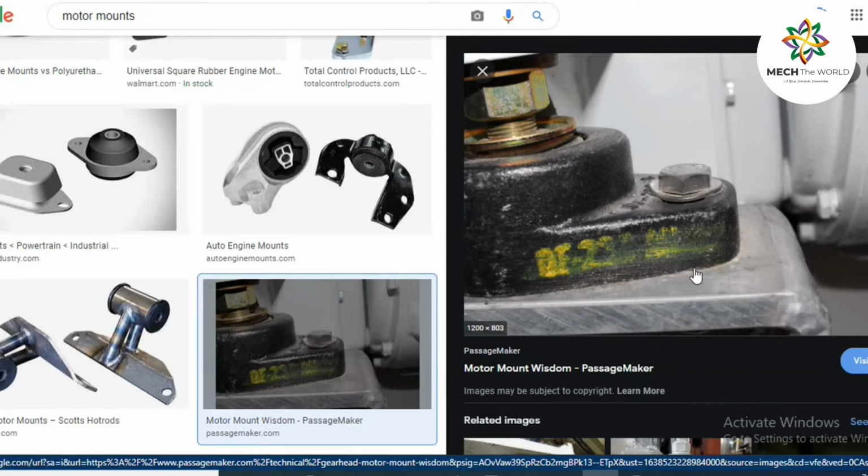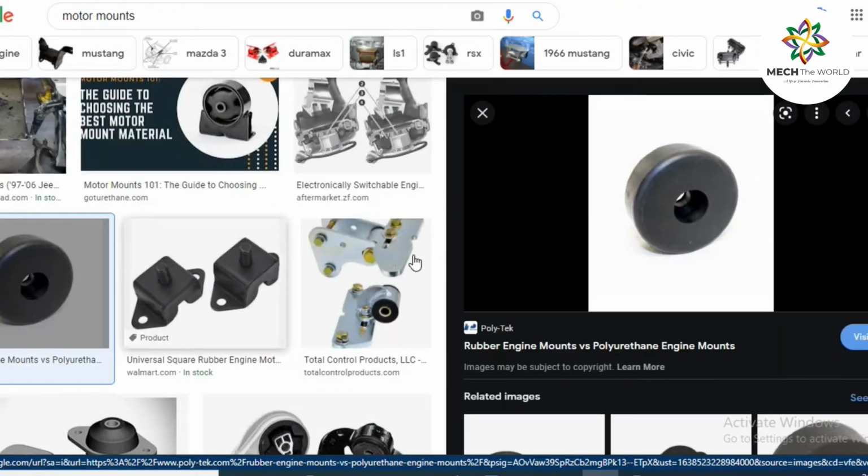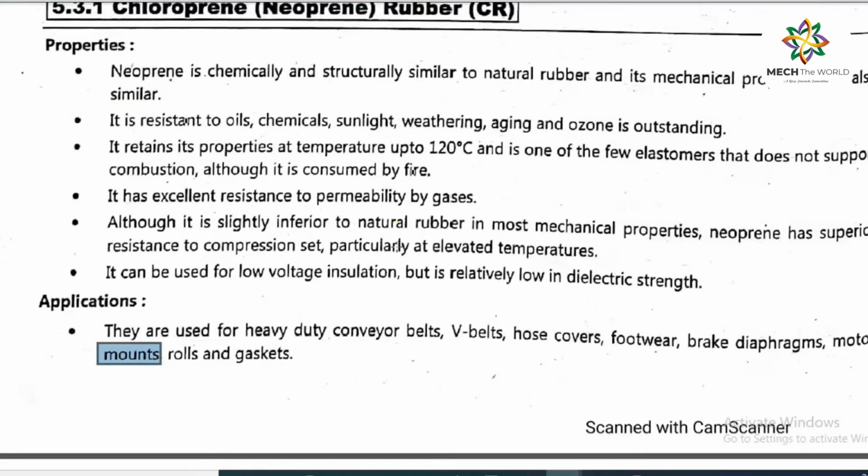So as to reduce the vibrations and the sound caused by them, we use certain bushes just like this, made of rubber, and specifically neoprene is used to make these mounts so that we can reduce the vibrations. And as we reduce the vibrations, indirectly we reduce the noise produced by that motor.